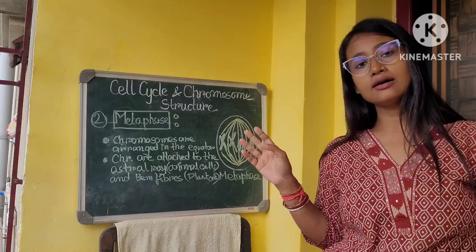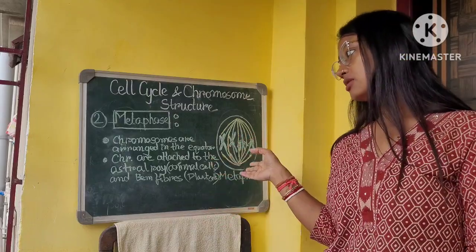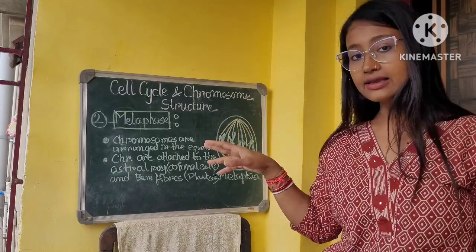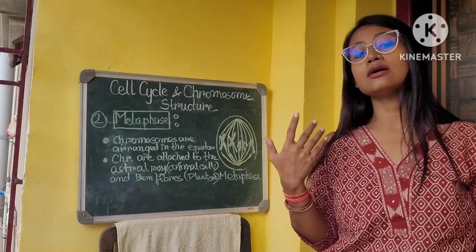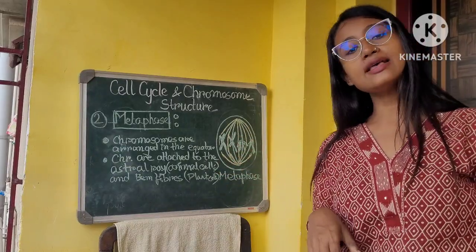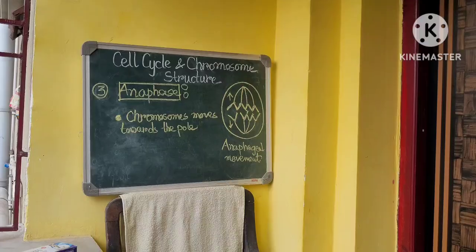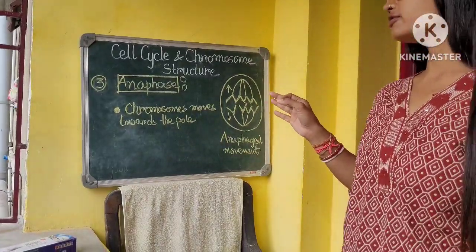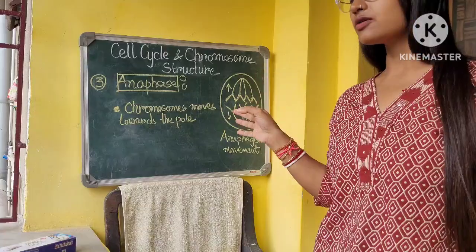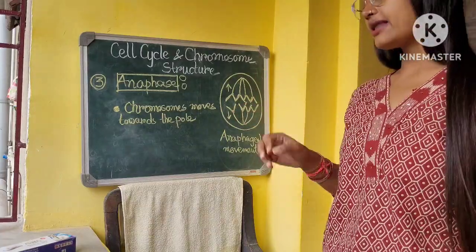After this stage, the cell cycle, or the karyokinesis, moves to its next stage, which is known as the anaphase. Now we will discuss the third phase of the karyokinesis, which is known as anaphase.